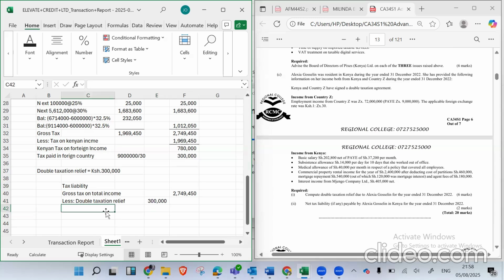Alikuwa na pay relief. Those pay that had been deducted ya Kenyan income 37,200 times 12.